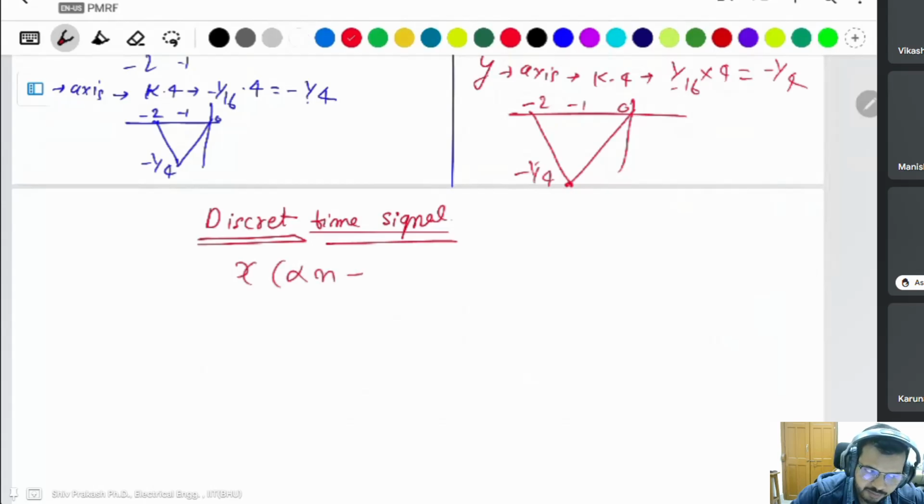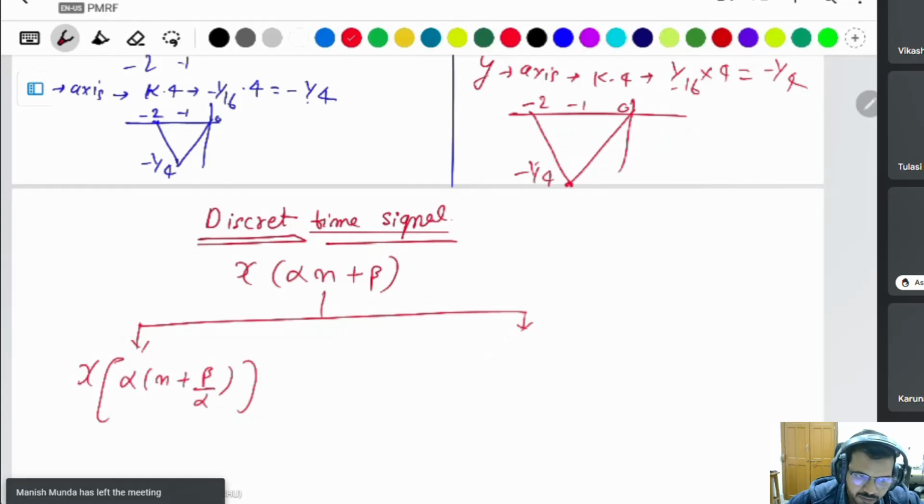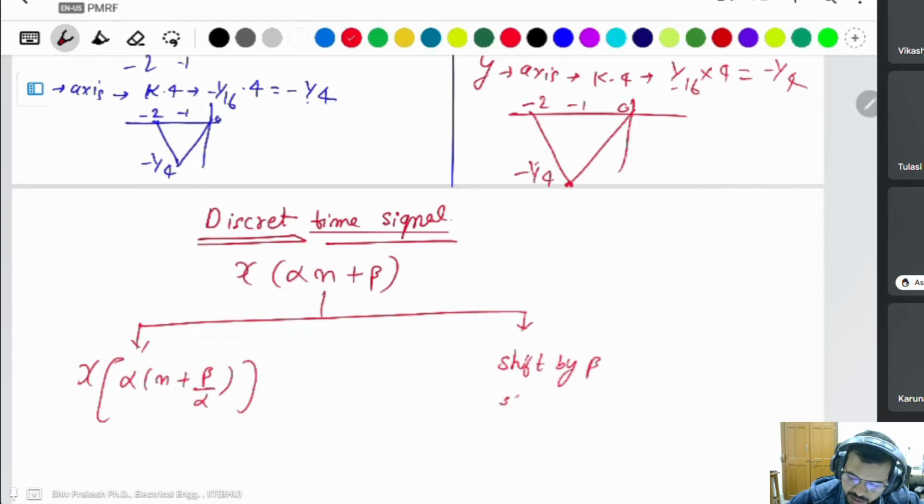X of alpha n plus beta. In this, you can't say this is right shifting of x(alpha n plus beta) by alpha, like this thing, shift by beta, then scale by alpha.